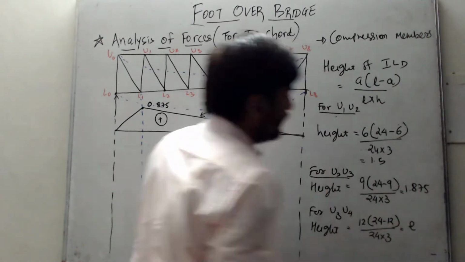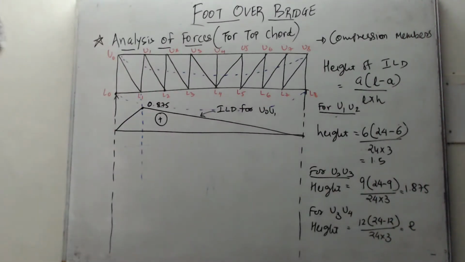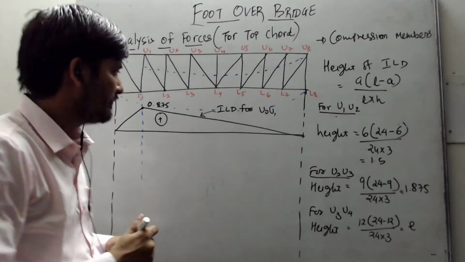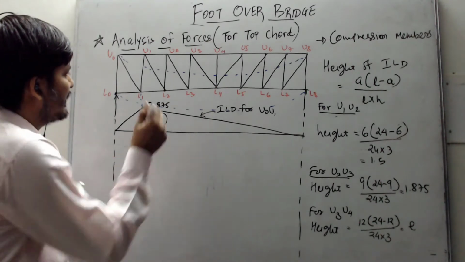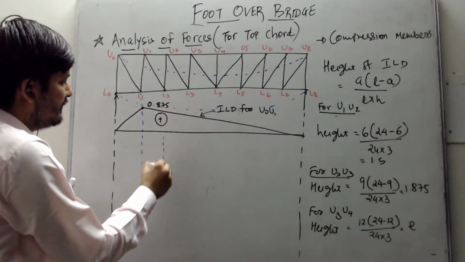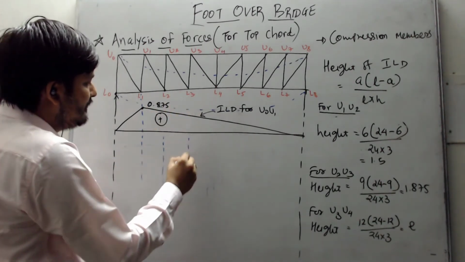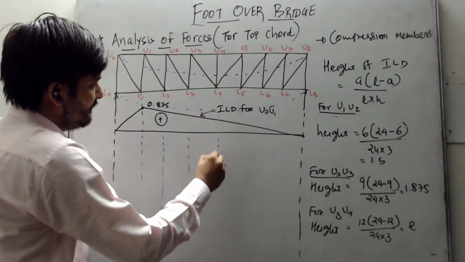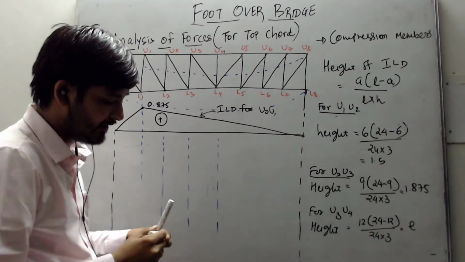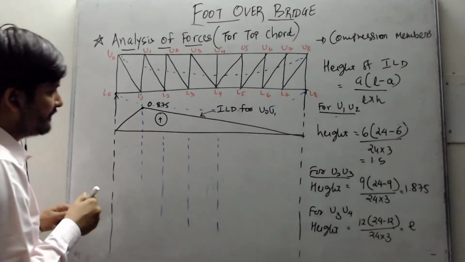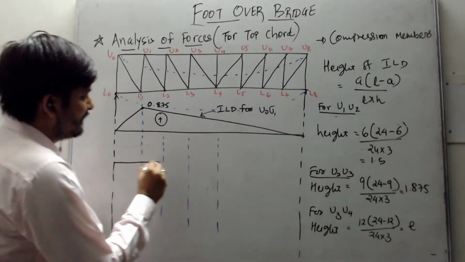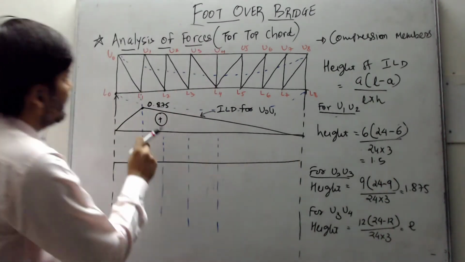Now once we get all the heights, I need to draw the diagram, right? For the second member, when I draw the diagram, I need to project it downward. This is for the second member, for the third member, and for the last member. The other side will be symmetrical, right? So let's draw the diagram for the second member, that is u1, u2.